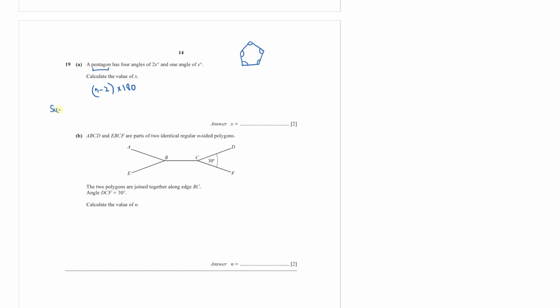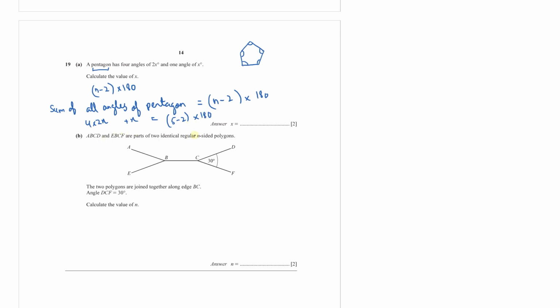So sum of all angles of a pentagon would be equal to n minus 2 into 180. So I can write this sum in terms of x because I know that four angles are 2x. So 4 times 2x plus one angle is x. And a pentagon has how many sides? 5. So this becomes 5 minus 2 into 180.